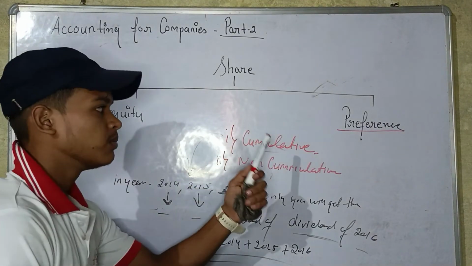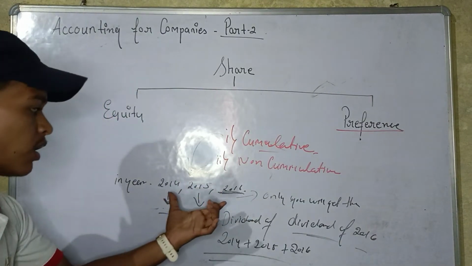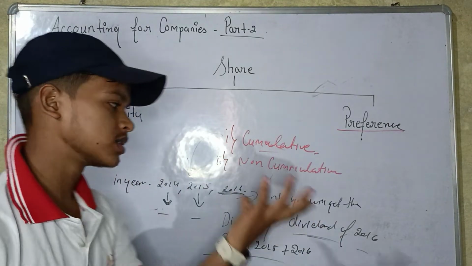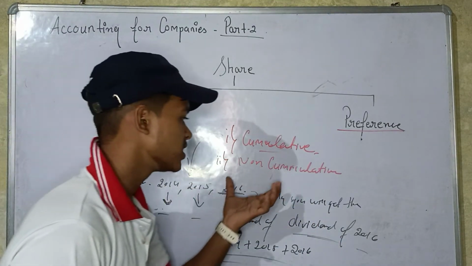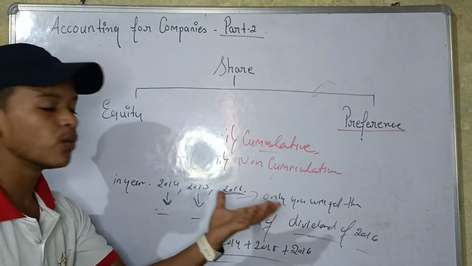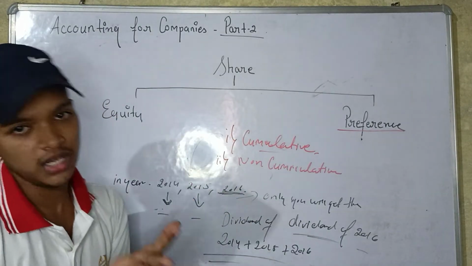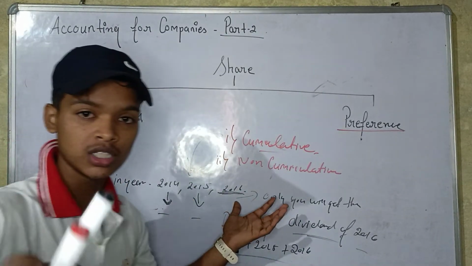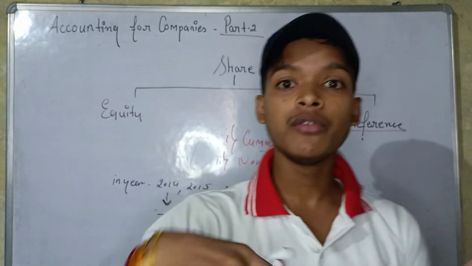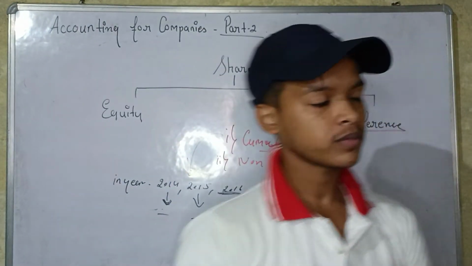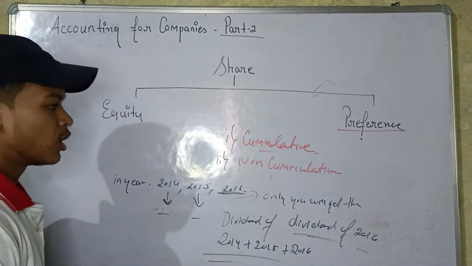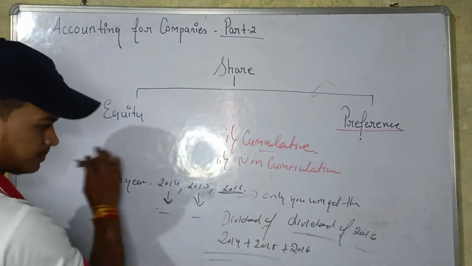In cumulative preference shares, you will get the dividend of all the previous years combined. Whereas in non-cumulative, you will get only the dividend of one year, that is 2016, when the company gives you a dividend. Okay. This is non-cumulative. Please screenshot it.